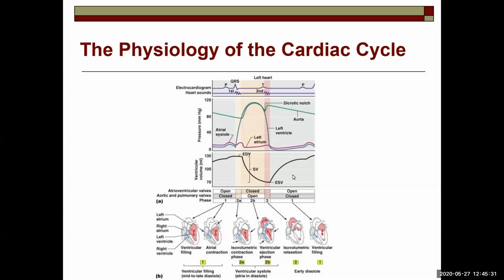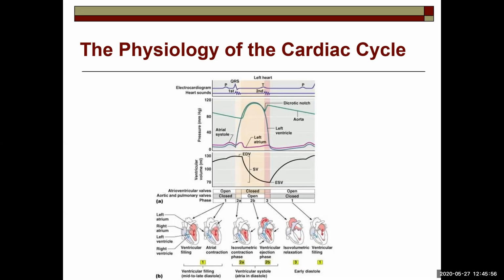So the amount that is ejected is the stroke volume, and then we find out how much is left in the heart after you eject. That is referred to as the ESV, or end systolic volume. So end systolic volume is the amount of blood that is left.